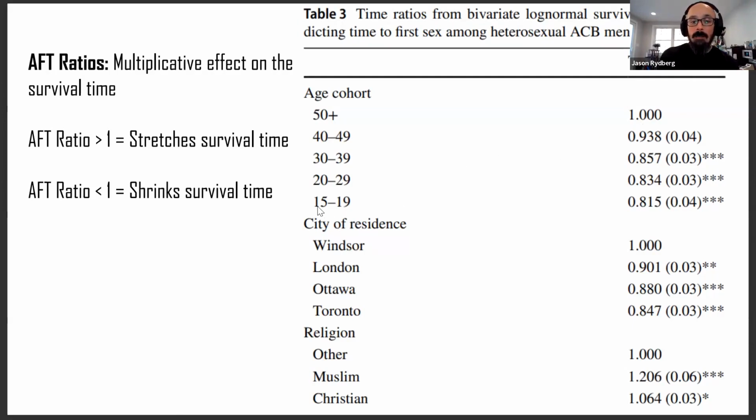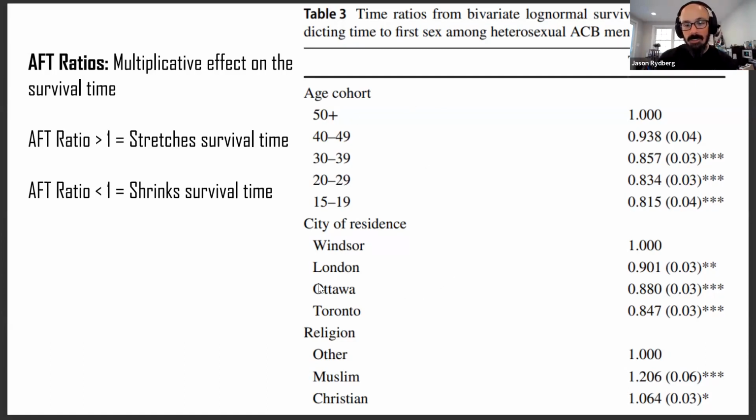Among individuals who are 15 to 19, assuming that they haven't experienced sex yet, the timing of their first sexual intercourse is 0.815 times the survival time for those who were 50 plus and had not yet experienced sex, which is about a 20% decrease or so.